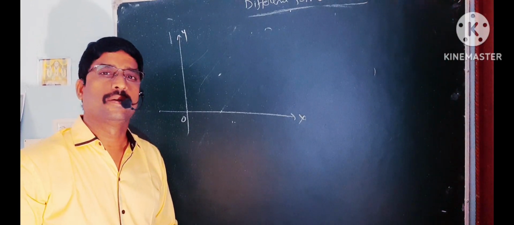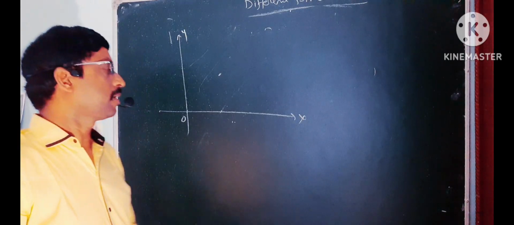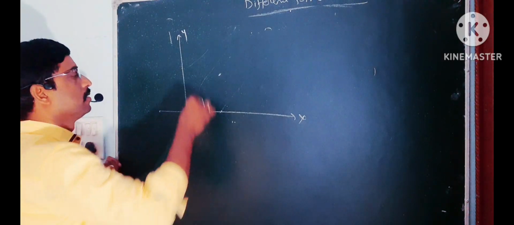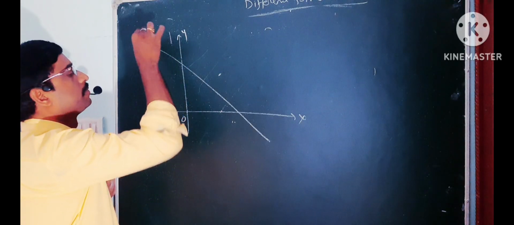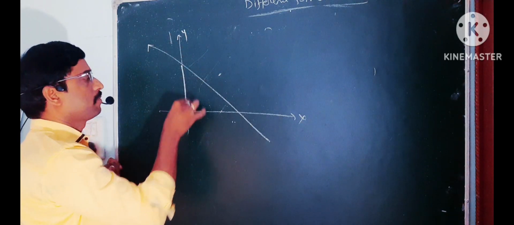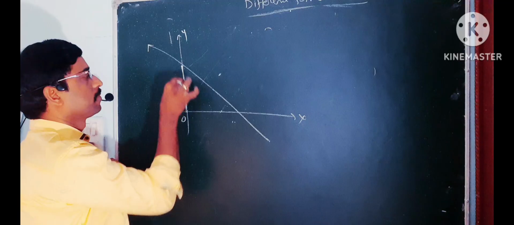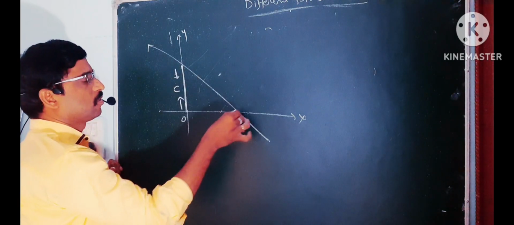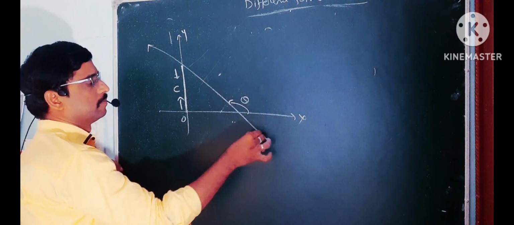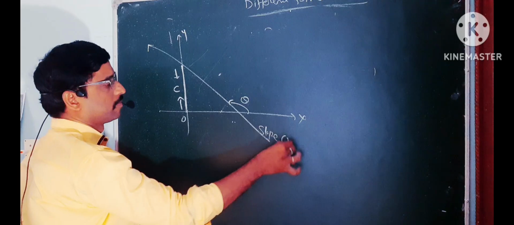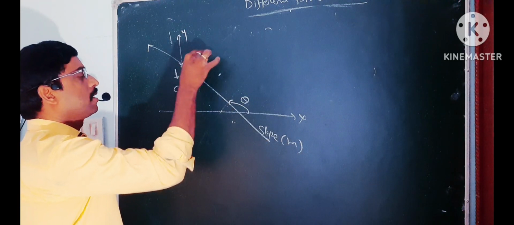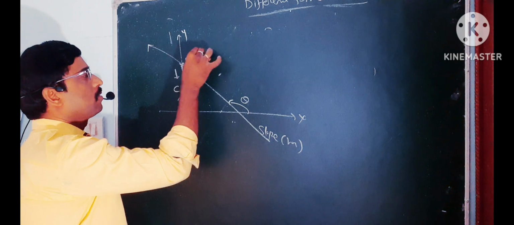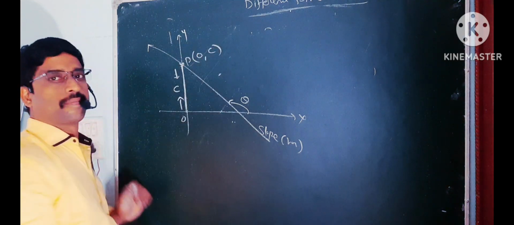Okay, right? Now I'm going to explain the equation of line slope y-intercept form. So here y-intercept I am taking small c. This slope is m. Okay. Now this point how much we get here? On y-axis x coordinate is 0, so (0, c).